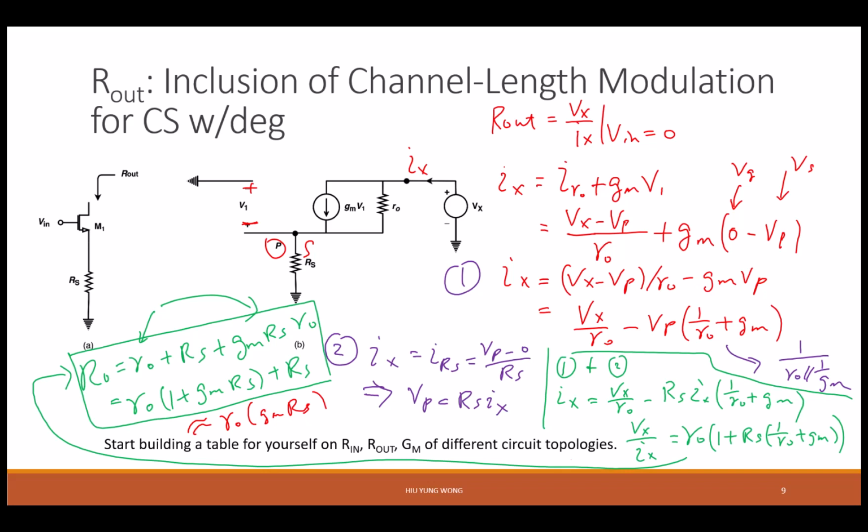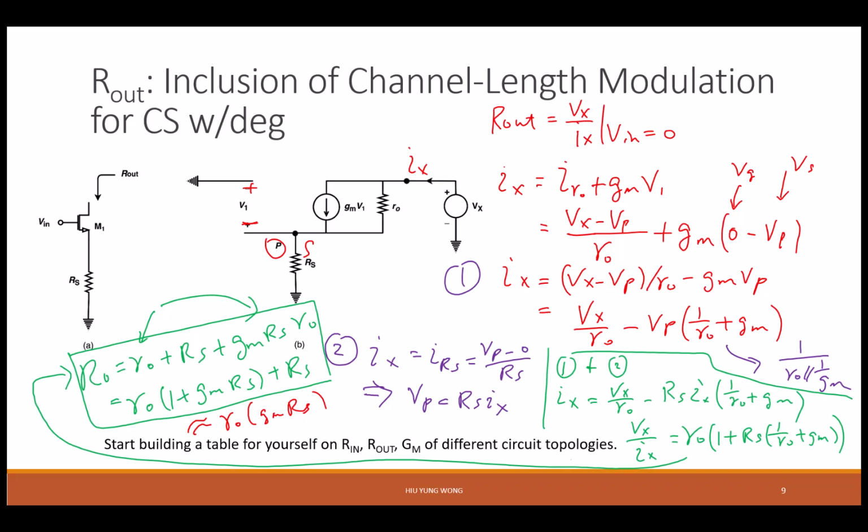So with this, then I get Ix equals Vx minus Vp divided by R0, minus gm Vp. Right, so it's pretty messy. Let me just group the Vp together. Vx divided by R0 minus Vp times 1 over R0 plus gm.